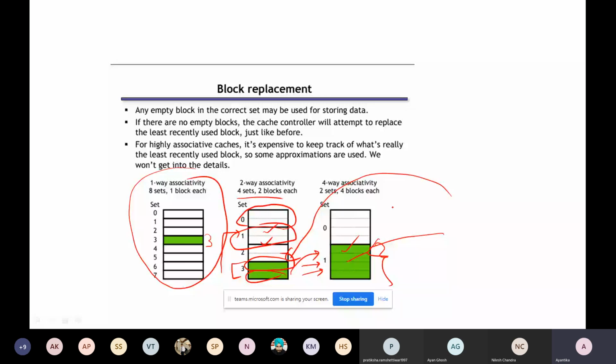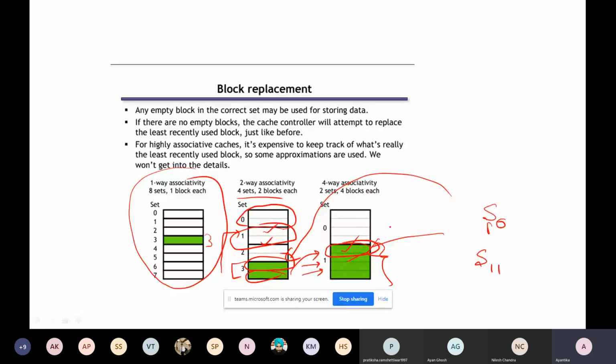If there was a replacement, and let's say this block had been replaced by a new block from the main memory, then maybe in our next instruction, say when you are in instruction S10, and then in instruction S11, you are trying to get the previous data that was present in this block, but now that block has been replaced.